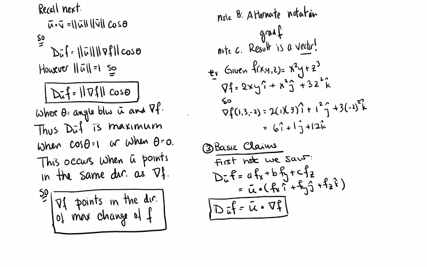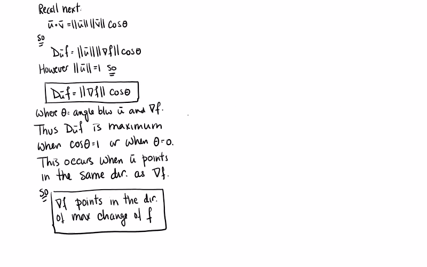Furthermore, we can say one more thing, and then we'll look at an example to really clarify. When the cosine is 1, in other words, when theta is 0, in addition, the directional derivative will be the magnitude of the gradient.